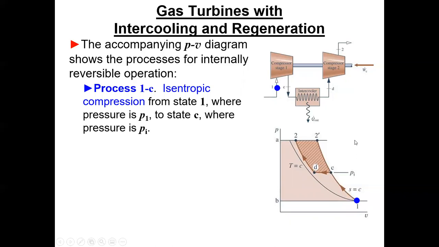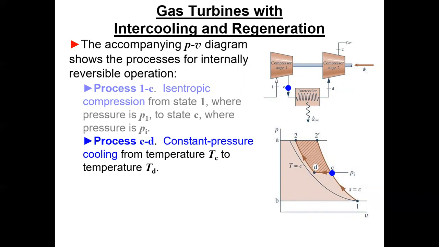And so process 1 to C: we go through the first stage of the compressor and go up to C. They're calling that intermediate pressure P sub I. And then we're going to cool it. So we've got some sort of cooling, probably just taking ambient air.